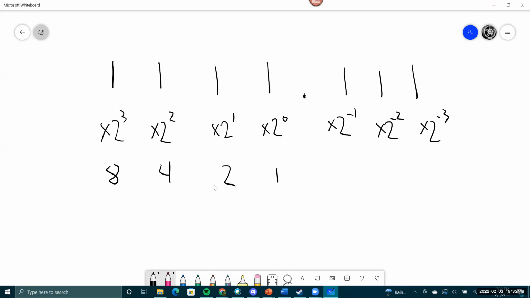So starting with 8, 8 divided by 2 gives you 4, 4 divided by 2 gives you 2, 2 divided by 2 gives you 1. So this is actually going to be 1/2. And you divide that in half, you get 1/4, and you get 1/8.